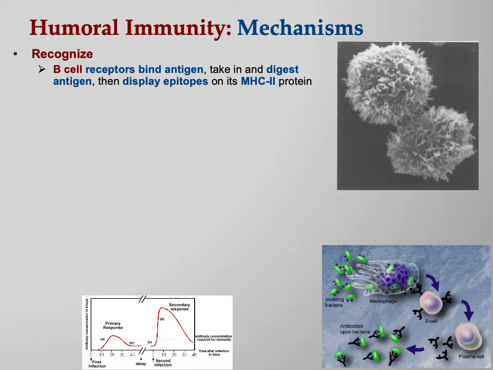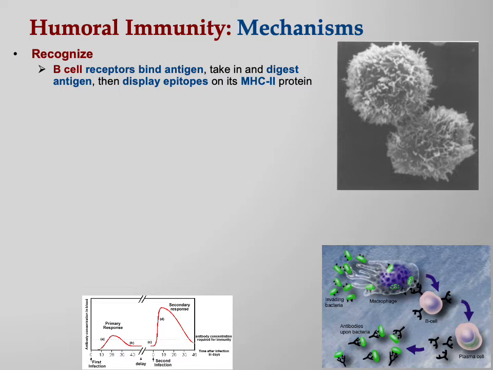We said that when the cells got trained, in the thymus for T cells or in the red bone marrow for B cells, they had the receptors inserted into the cell. Well, so the B cells have those receptors inserted. But when the B cells then turn into plasma cells, which you see there in the lower right, then what it does is it starts making antibodies that are exactly the same as the receptors it had on the outside of its body.